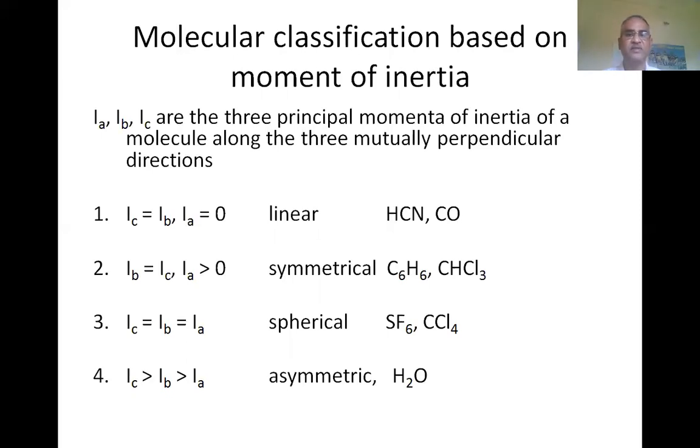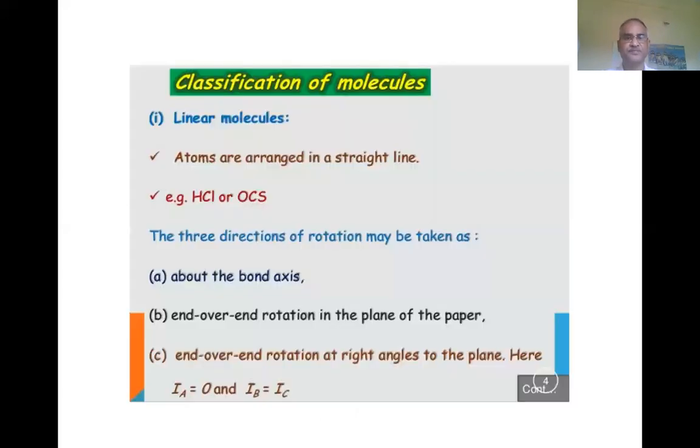Examples are benzene and also chloroform. The third condition is IC equal to IB equal to IA, which is spherical, and SF6 and CCl4 are the examples. And the last condition is inequality: IC greater than IB greater than IA is for asymmetric molecules, and many molecules come under this category, an example of which is water.